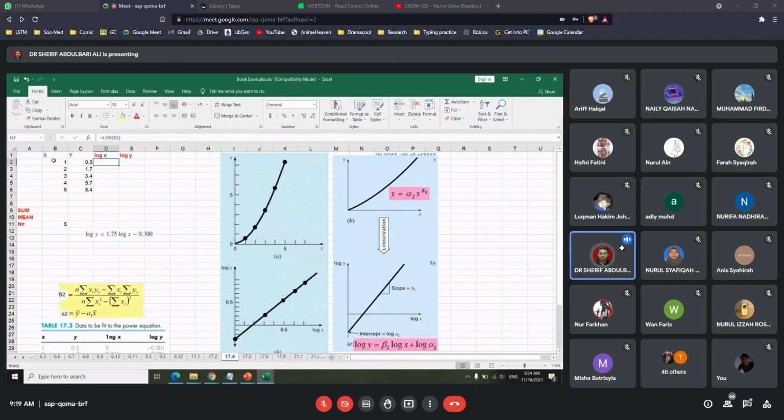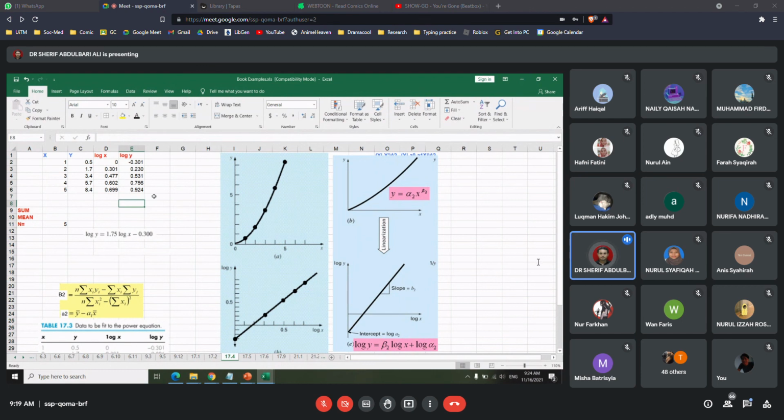So this one is equal to log the value of 1, log the value of 2, log the value of 3, log the value of 4, and log the value of 5. Same you are going to do here. You will find the logs.